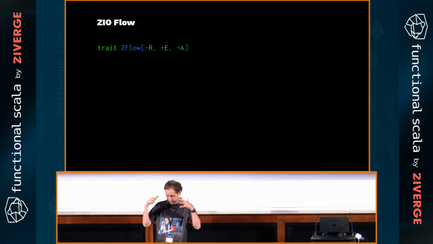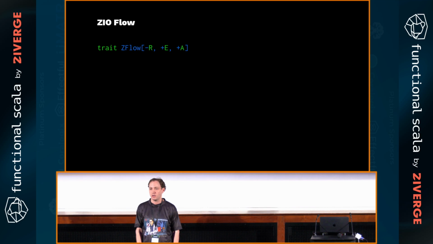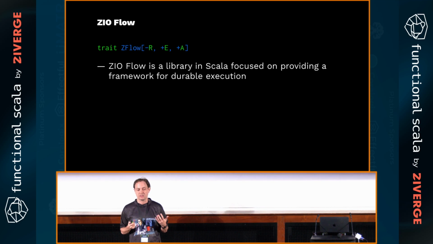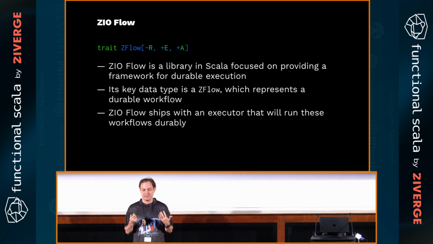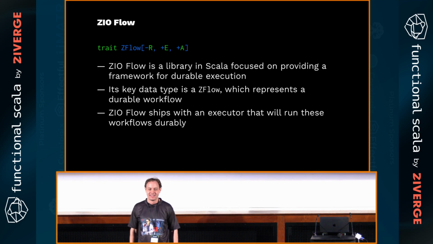But we had this whole library called ZIO Flow, and its core data type was this thing called a ZFlow. And so if you see the REA, it's probably looking a little bit familiar. And this was basically a data type that represented a durable workflow that could require an environment R and succeed with either a value A or fail with an error E. See, we're getting back to some of the ZIO stuff here.